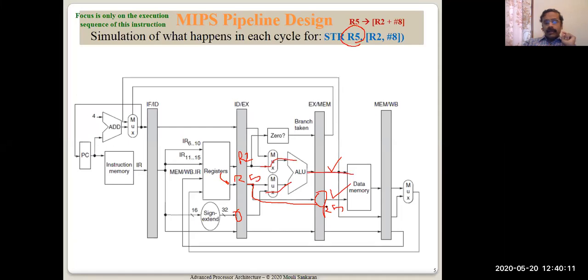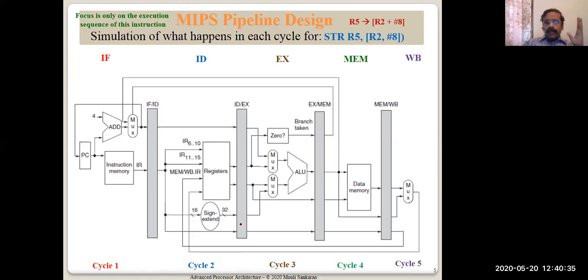Address is computed. Data is available. Perform a write. Your job is done. So you have seen the complete flow now. This is how we should think when I give you an instruction and then make you draw the picture. So now let us quickly go through it, whatever I explained.